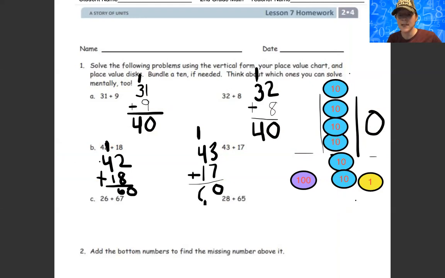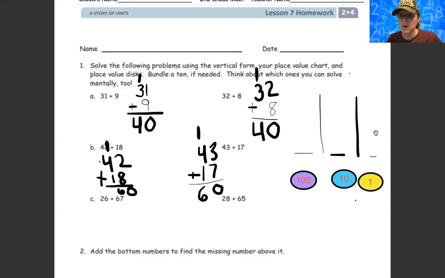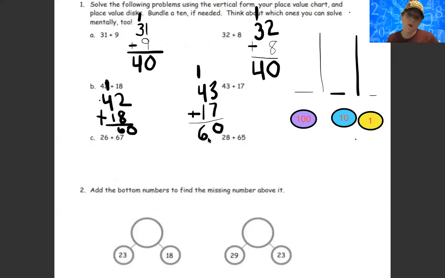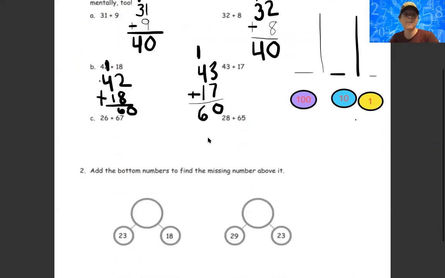We have 6 tens. There you have it. We have 60. All right, what I want you guys to do is you're going to complete C on your own. Make sure you write them vertically like it wants you to, and then you may solve them using the manipulatives, or if you can do it mentally, that's fine as well.